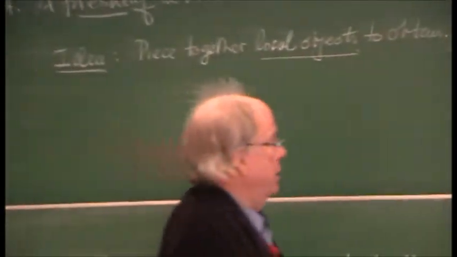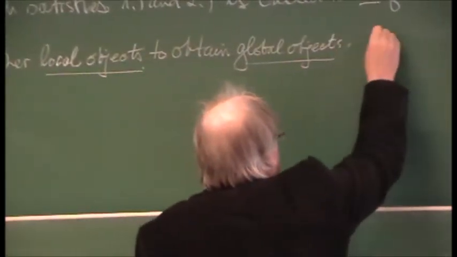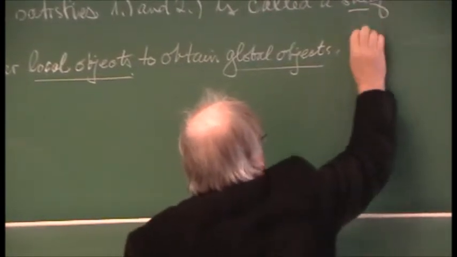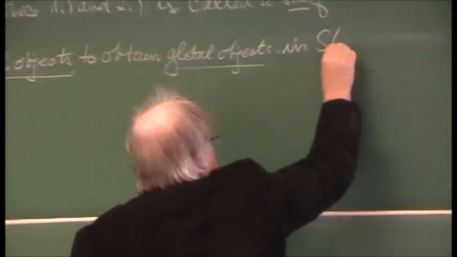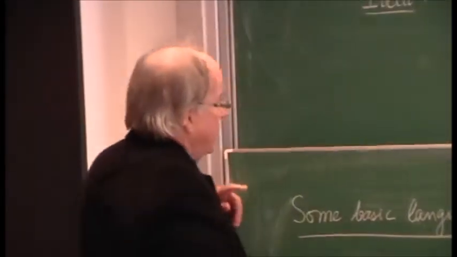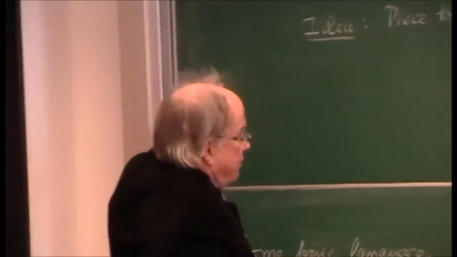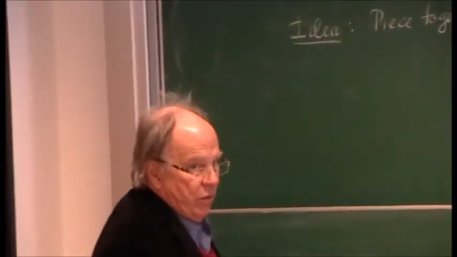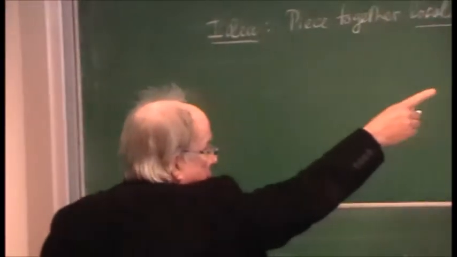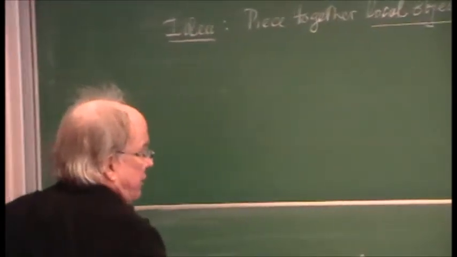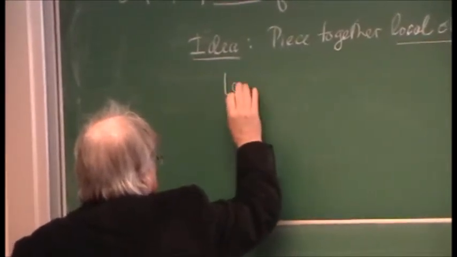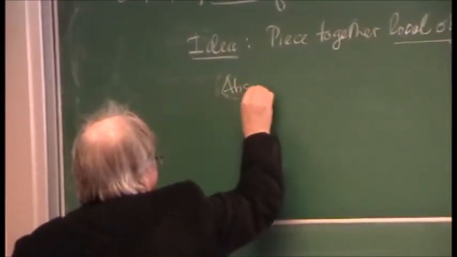Now, the global object might be something on the full manifold X. So let me say global object in S of X. So S will now be the thing associated to the sheaf we're dealing with. And so you really want to understand, locally, what the global objects are. That is completely clear. It's the stuff that's in S of X, the global holomorphic functions, for example. The local objects, the most absolutely local objects.